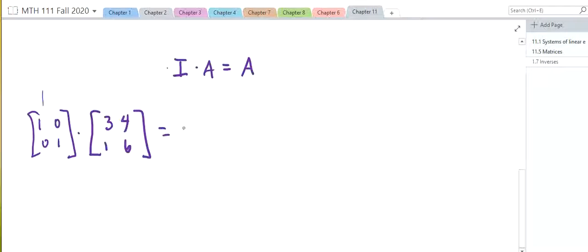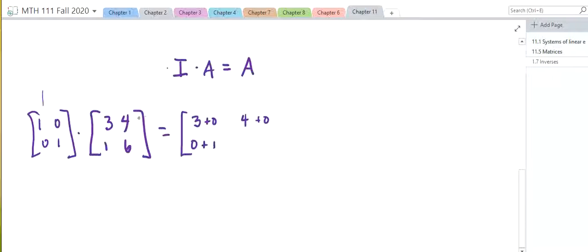So 1 times 3 is 3, 0 times 1 is 0. 1 times 4 is 4, 0 times 6 is 0. 0 times 3 is 0, 1 times 1 is 1.